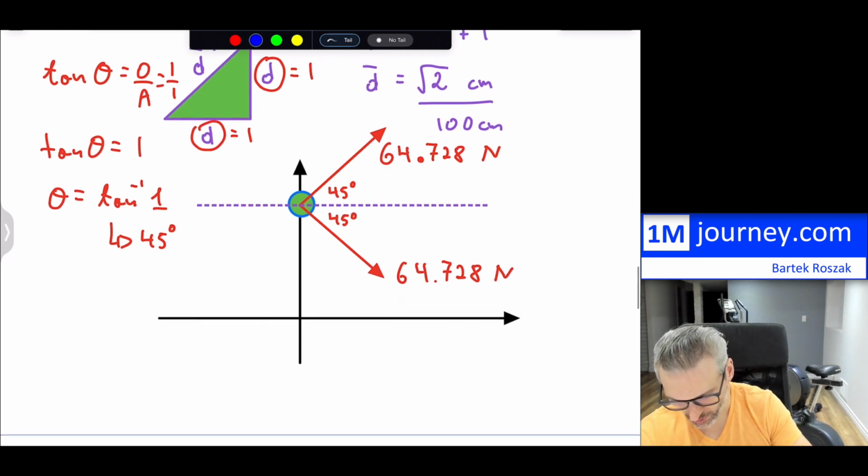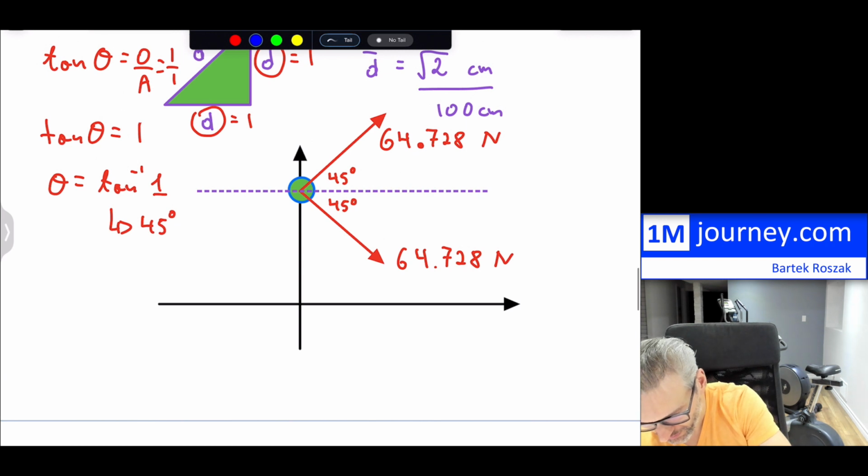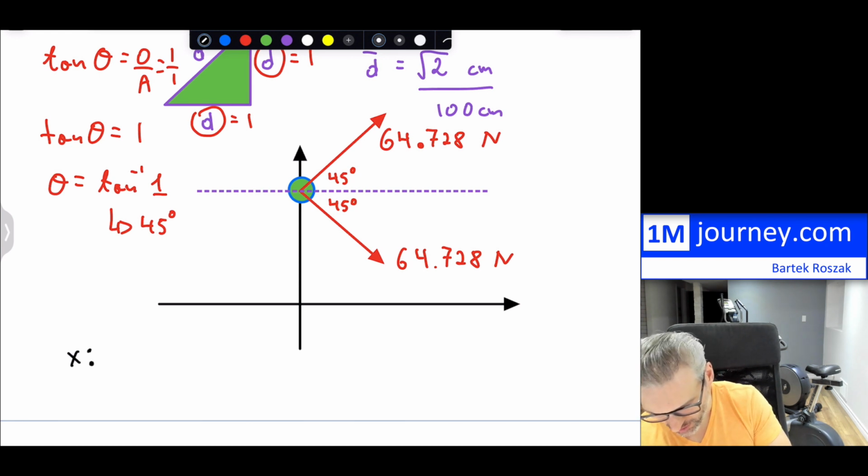Now, let me go back in here. That means the x component of the force is going to be 64.728 newtons multiplied by cos of 45 degrees.